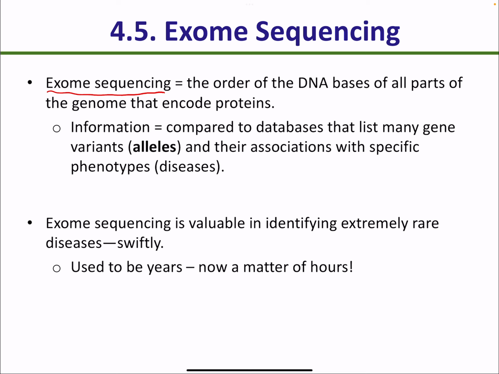That exome sequencing is becoming more and more important these days, because we can actually determine if the proteins are wild type copies of proteins or mutated copies of proteins, so we can know if a particular individual is producing an alternate form of a particular gene. Okay, exome sequencing is being done, and very importantly, while it was taking many years to achieve, it can now be done very quickly in a matter of hours.